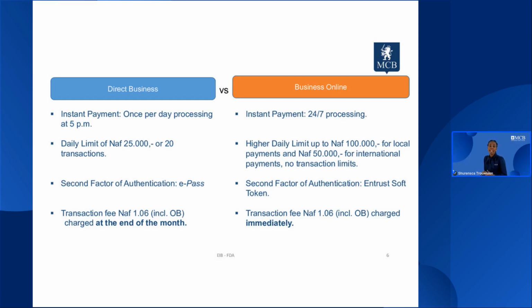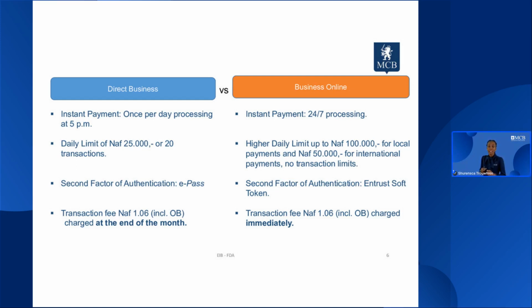Another difference is the limit. Right now, the limit is 25,000 guilders for local payments per day, or 20 transactions. On our new platform, the new limit is 100,000 guilders for local payments and then 50,000 guilders for international payments. And this platform knows no transaction limits.